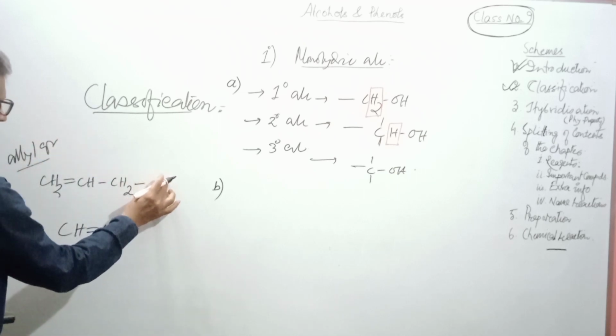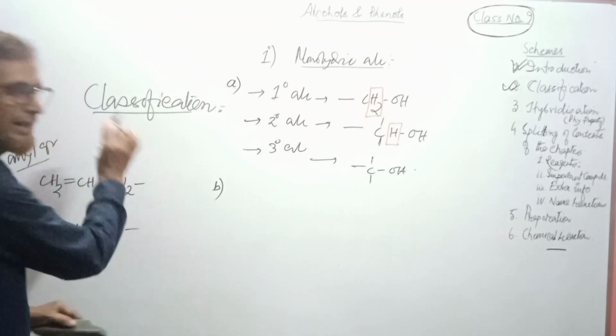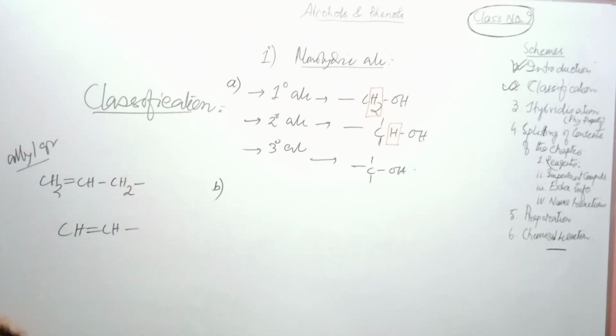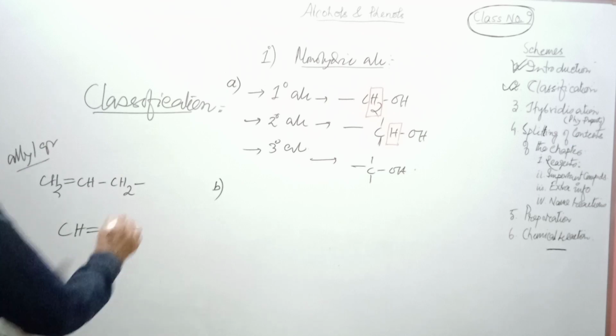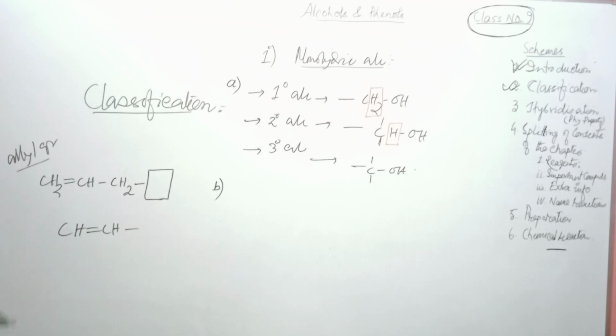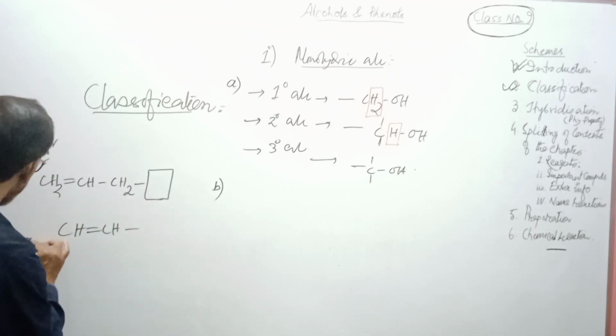If there is OH, allyl alcohol. If there is X, allyl halide: allyl chloride, allyl bromide. And that other group is called vinyl, very famous.